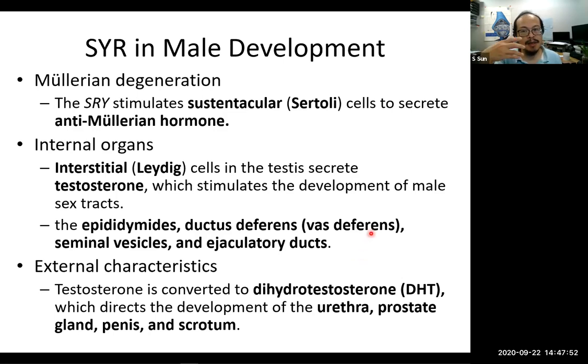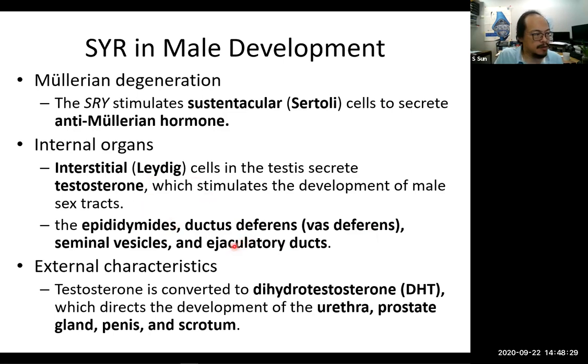One thing you need to know is that by about 9 weeks, or 6, 7, 8, 9 weeks of the gestational age, the baby boy already secretes a high amount of testosterone in the mother's body. All right, so that develops the internal sex tract.